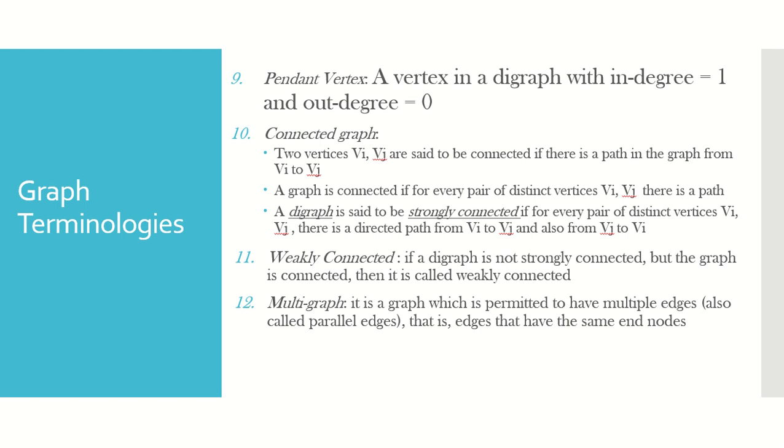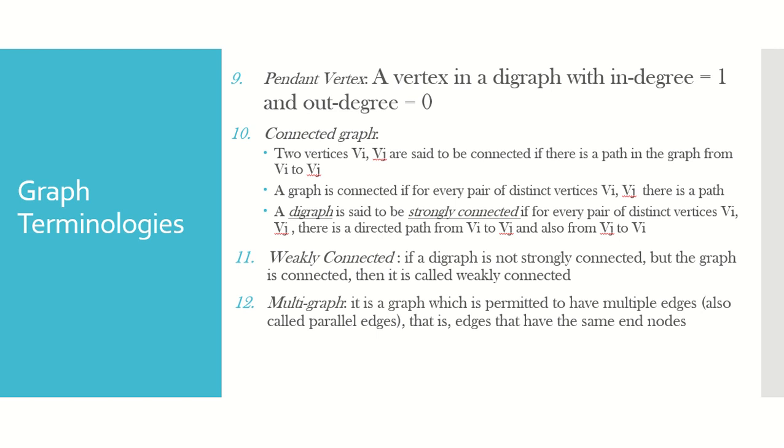Two vertices Vi and Vj can be geographically separated anywhere, at any point of the graph. They are said to be connected if there exists a path from Vi to Vj or Vj to Vi.